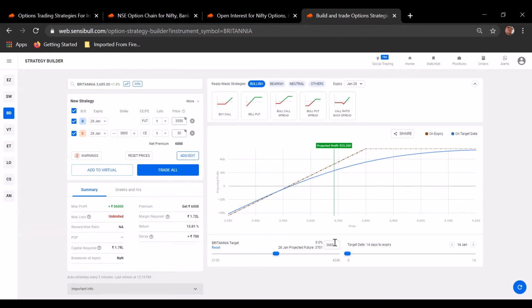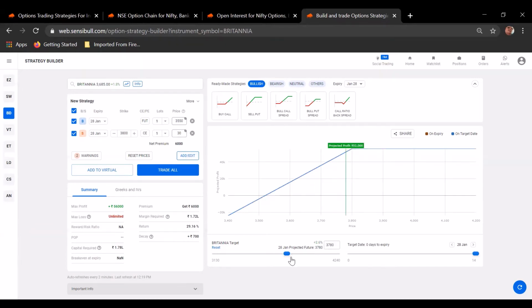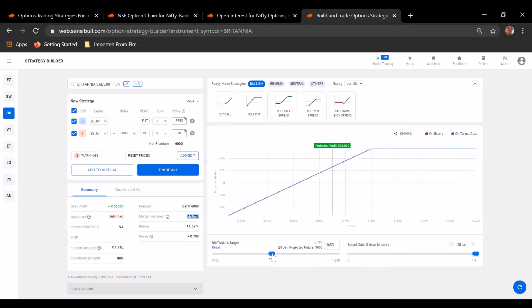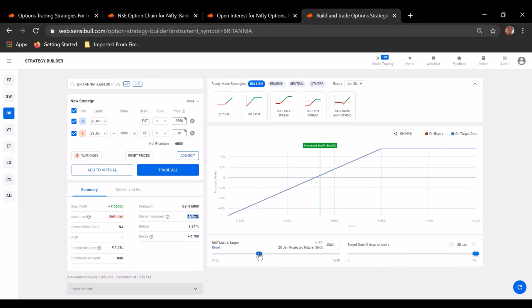Now, look at this. This will give me a predictive answer as to how much I can expect as a return. For example, you see for a margin of 1.72 lakhs, if Britannia hits 3,800, I can expect a return of almost 56,000 rupees, or almost 30% return on my trade. And I can also see the position at which I would make a loss.